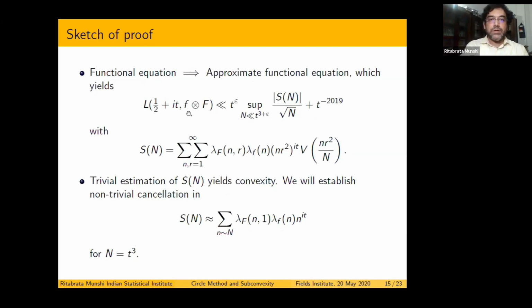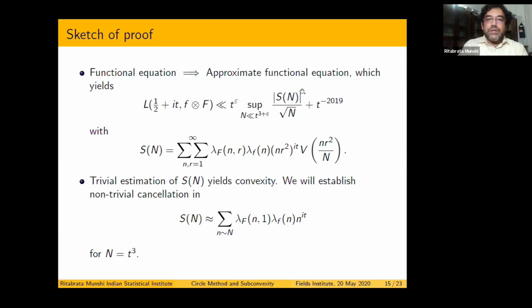T to the power 3 is the square root of the conductor. T appears in the 6 gamma factors, so T to the power 6 is the conductor, so T to the power 3. And you have an arbitrarily small error term over here. If you want, you can replace it by minus 2020. I put it down last year, so it's 2019 over here.